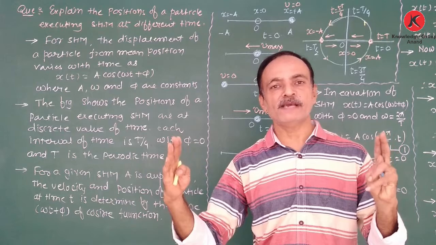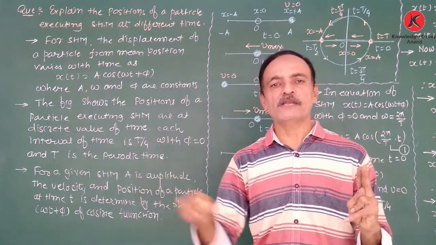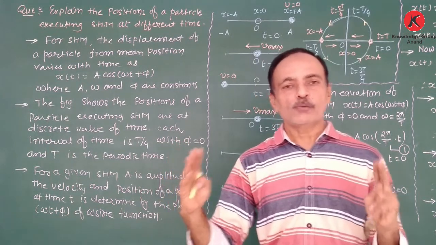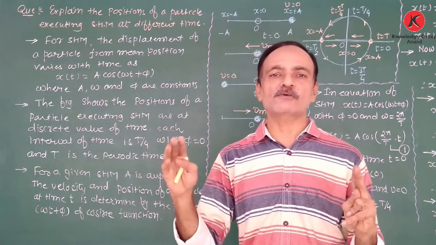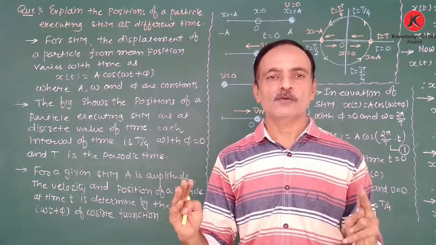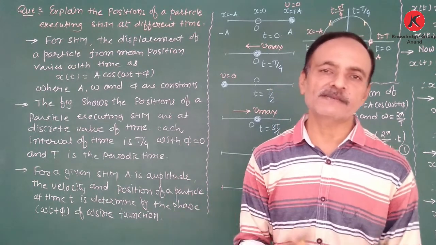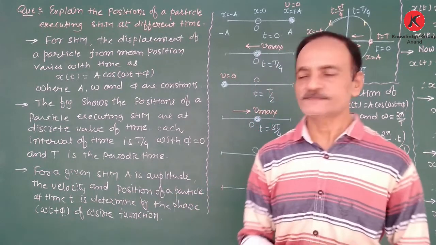These are the extreme points, or the end points of the path, this and this. So the pendulum oscillates between these two points. So at what time, corresponding to the position of a simple harmonic oscillator, what about its velocity? And how do we represent it by a mathematical equation? That is our aim for this answer.